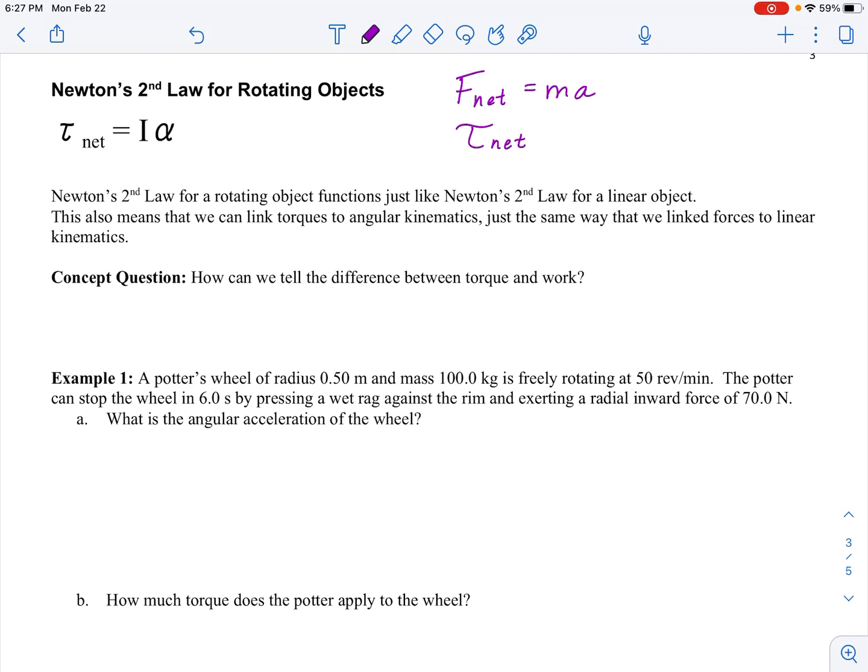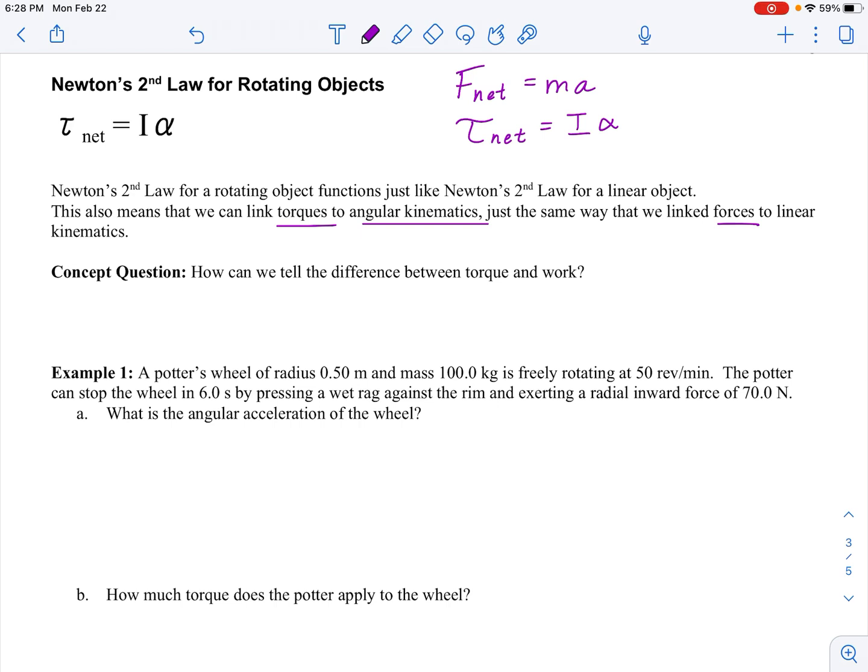Instead of writing F net, I'm going to write net torque. Instead of writing mass, I'm going to write moment of inertia. And instead of writing acceleration, I'm going to write angular acceleration. And so we can link torques to angular kinematics just the same way that we linked forces to linear kinematics.